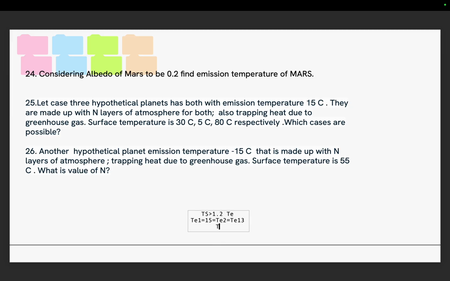But Ts1 is 30 degrees Celsius, Ts2 is equal to 5 degrees Celsius, Ts3 is equal to 80 degrees Celsius.